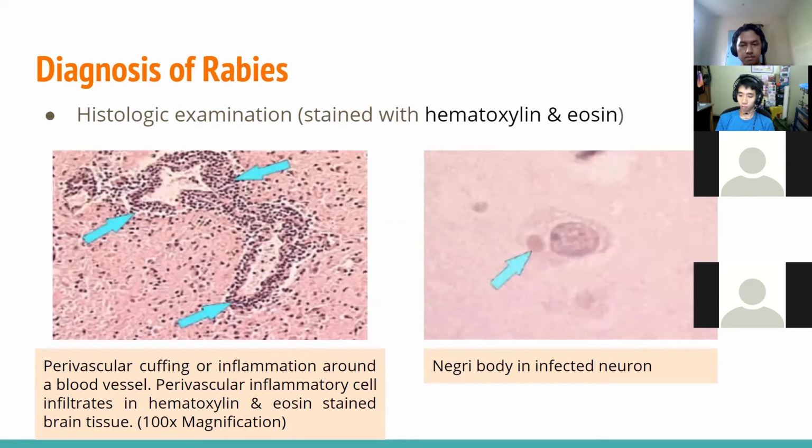In the first picture, the blue arrow indicates perivascular cuffing, or inflammation around a blood vessel. Perivascular inflammatory cells will infiltrate in hematoxylin and eosin stained brain tissue with 100 times magnification. The second picture shows Negri bodies in an infected neuron.